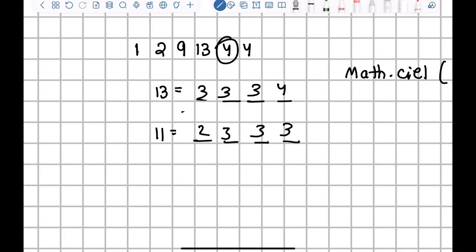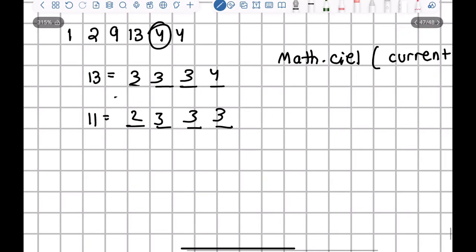Here, can we break this down further? No. We cannot. So what is our minimum maximum number? Our minimum maximum number essentially is the whole division.